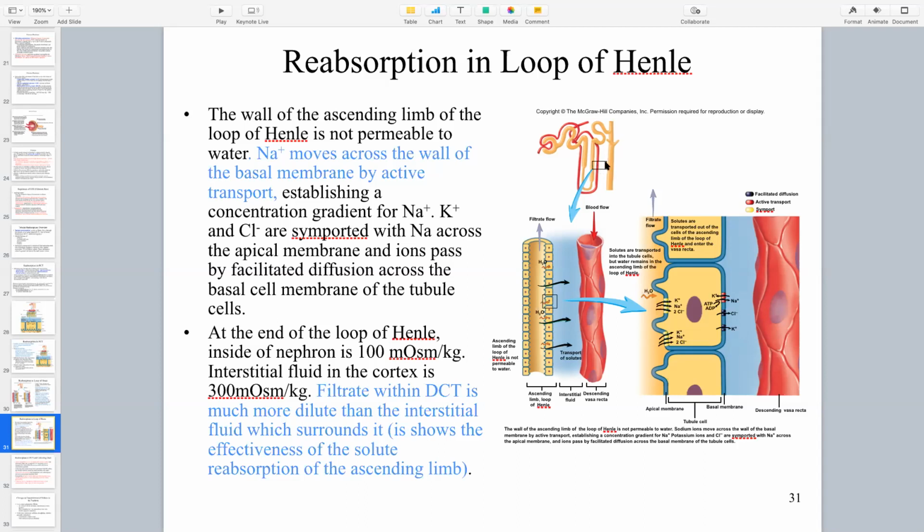So when we look at specific regions of the ascending limb, we compare it with the interstitial space surrounding that region. The interstitial space and the filtrate should have very similar salt concentrations. I'm giving you the number 900 here in the filtrate. So you're going to pump that salt out to the interstitial space.